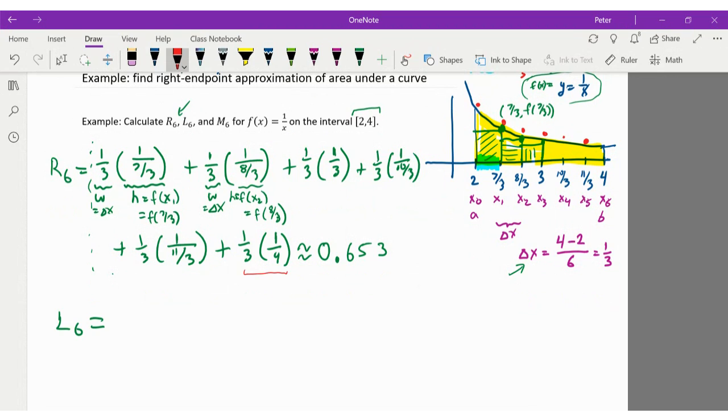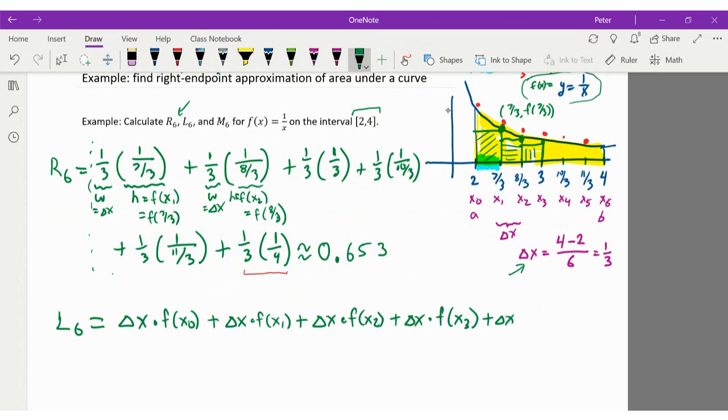I'm going to do this one more in the abstract. So this is going to be f of x0. I'll do it in the same order I did it before. It's going to be delta x, the width, times f of x0 plus delta x times f of x1 plus delta x times f of x2 plus delta x times f of x3 plus delta x times f of x4 plus delta x times f of x5.